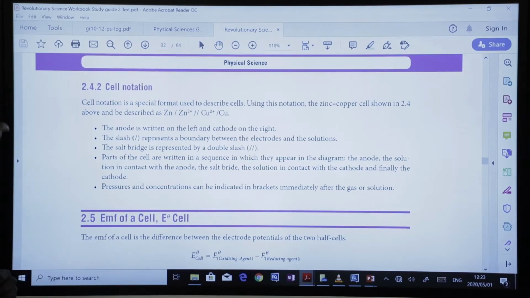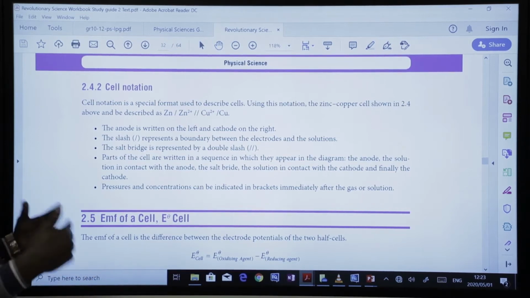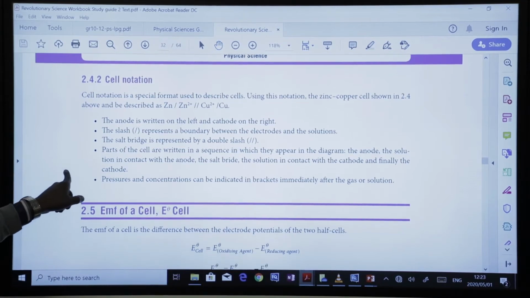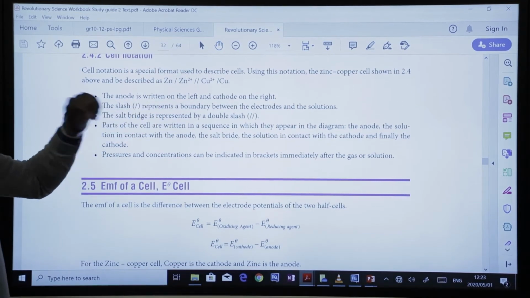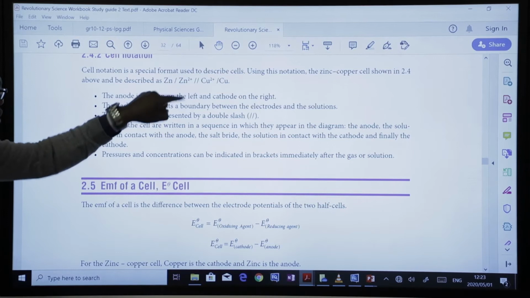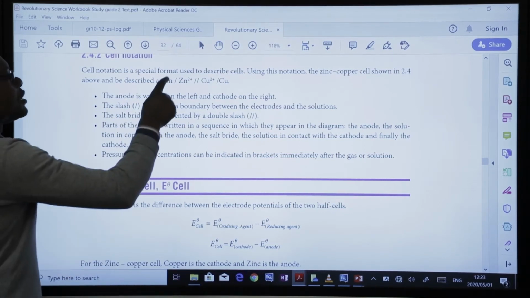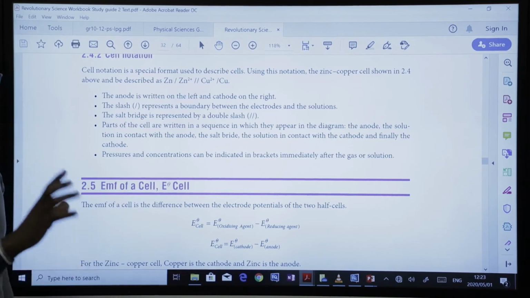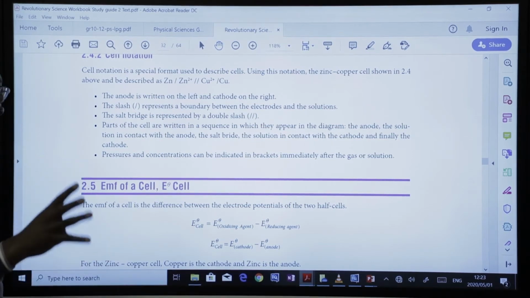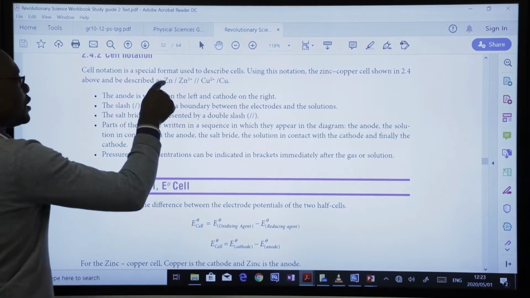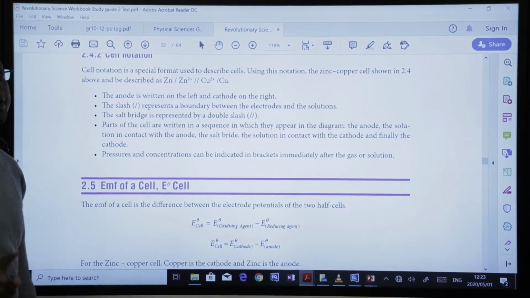Just to give you a quick recap, we agree that the cell notation is a special format used to describe cells. Using this notation, the zinc-copper cell shown in 2.4 above can be described as Zn | Zn²⁺. We agree that this single slash represents the change in phase of material, so this is a solid changing into ions.